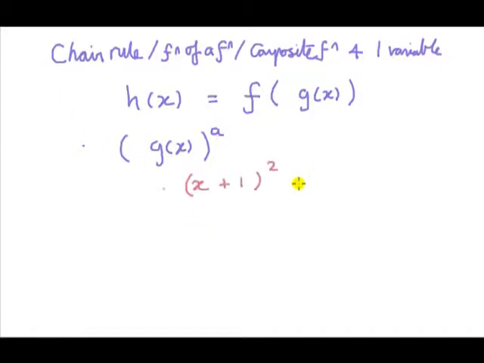Example: h equals x plus 1 all squared. The g function is everything in here, and the f function is the squaring. So you've got h is equal to g squared.